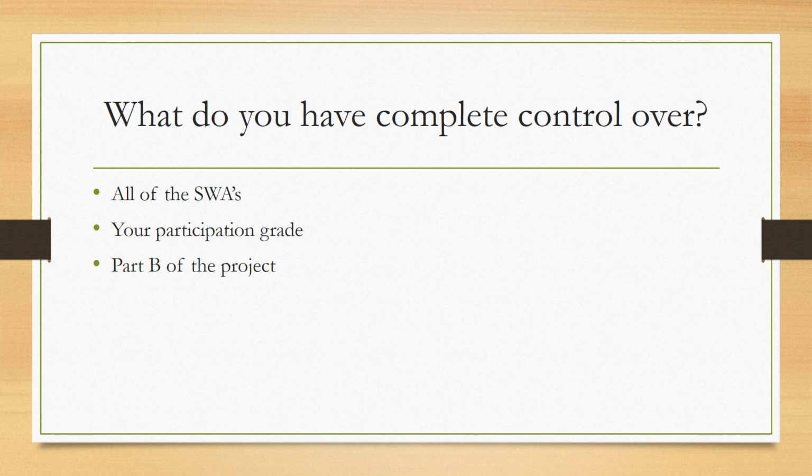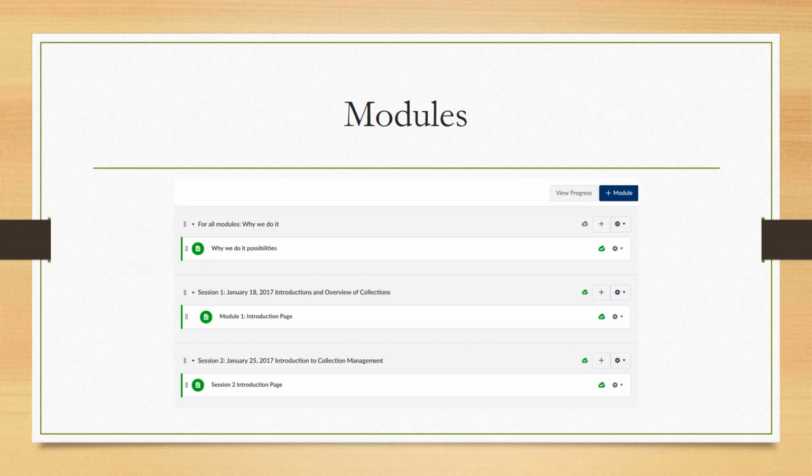So you have complete control over all of the SWAs, the short writing assignments. You have control over your participation grade. You have control over part B of the project.